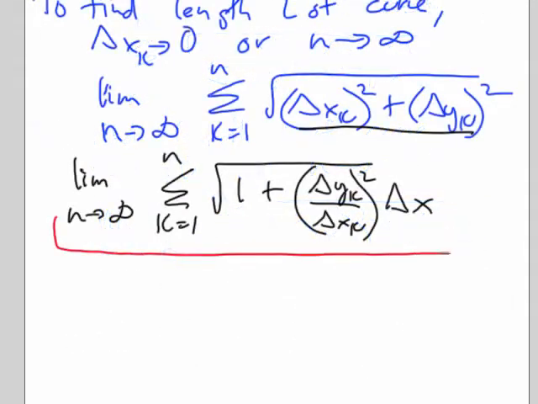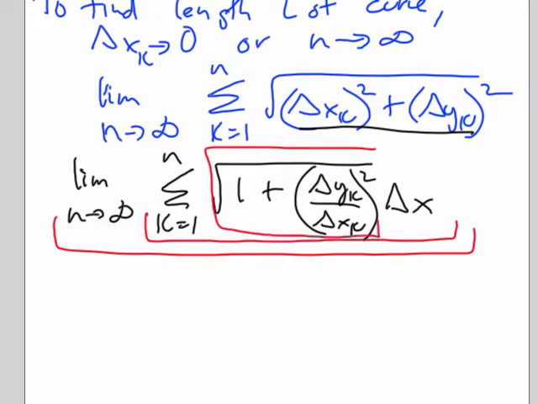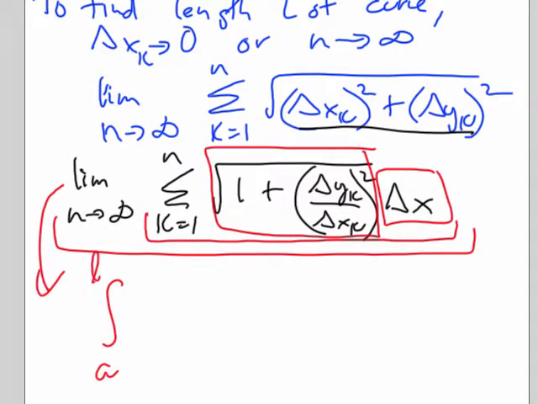And what I have here is the limit of a Riemann sum, because I have it of the form sigma function times delta x, which we know is equivalent to the definite integral from the start to the end of this function, 1 plus. Now remember, this piece here, change in y over change in x, as n goes to infinity, that will become not an average rate of change, but an instantaneous one.